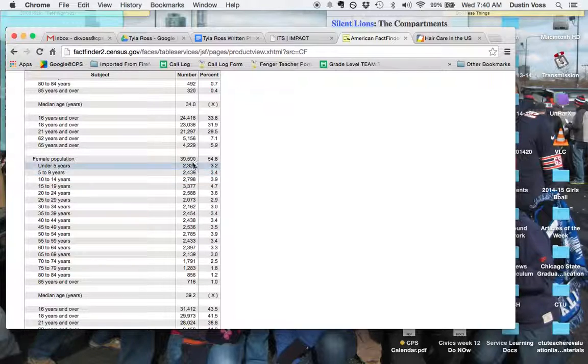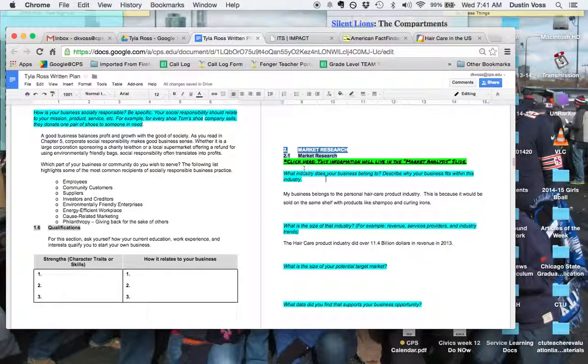So I'm going to take the total female, which is 39,590, and then I will minus under 5 years, 2,325, minus 5 to 9, 2,439, minus 10 to 14, 2,798, and I get 32,000 just about. So that's going to be my target market, and I'm going to explain everything that I just did here in my answer.